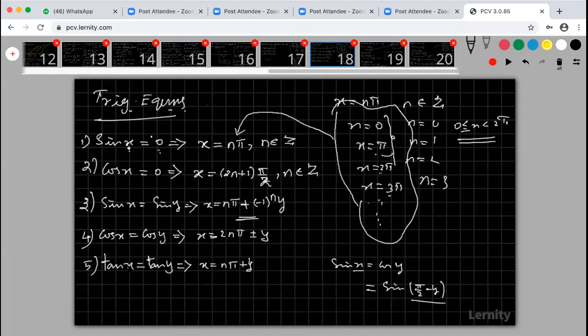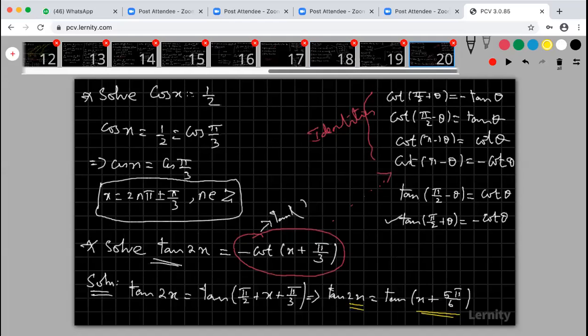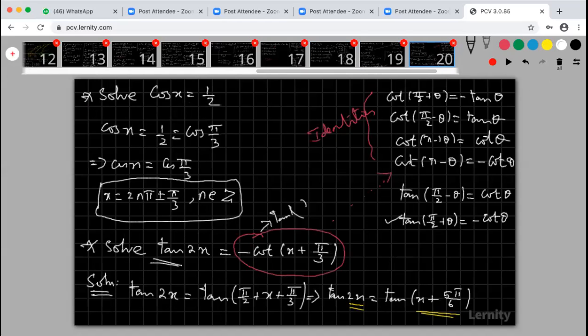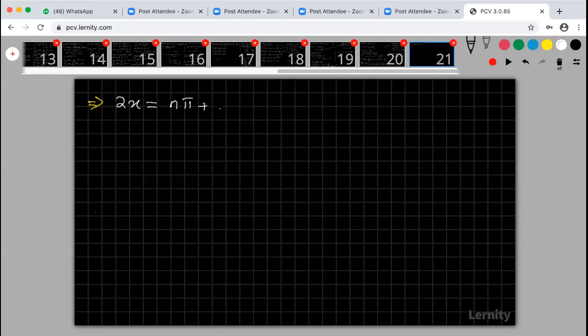See that tan x is equal to tan y means my x is equal to n pi plus y. So therefore, my general solution is, which implies my x is equal to, x means here it is 2x, n pi plus y. What is my y? My y is nothing but this, x plus 5 pi by 6. This is my y.